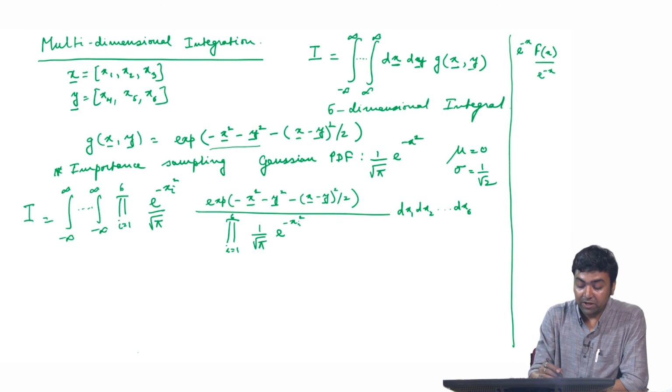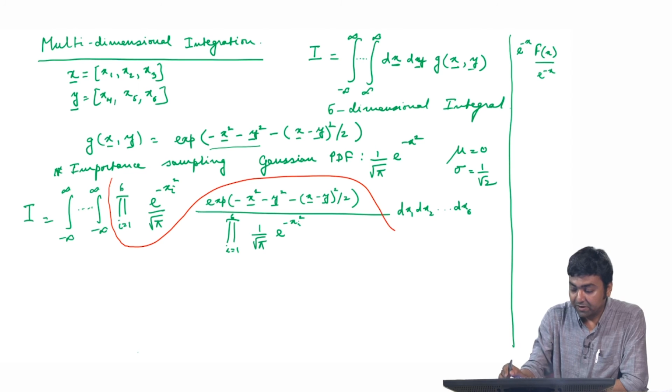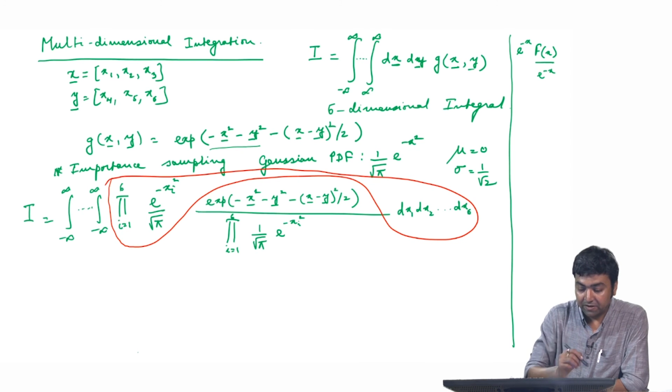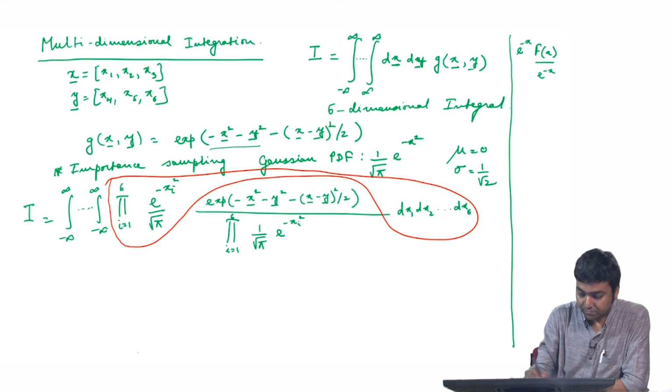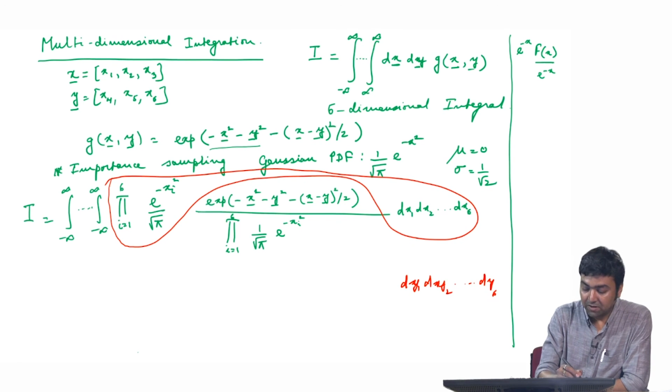If I do the simplification, what I see is that this term I can rewrite as dx1 dx2 up to dx6 dy1 dy2 up to dy6. I have my integral, as the limits are the same.